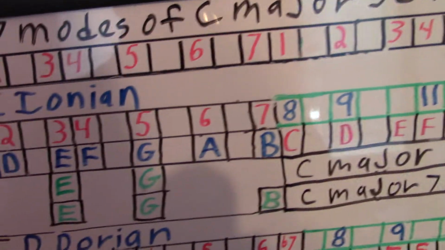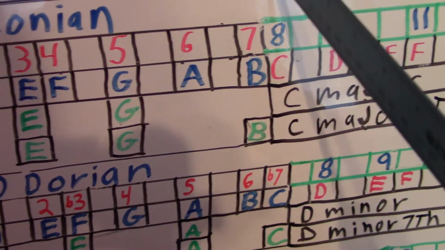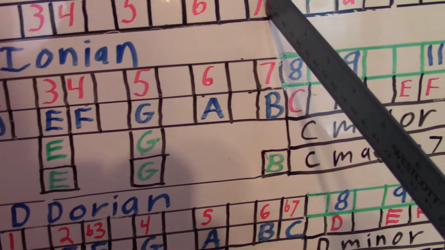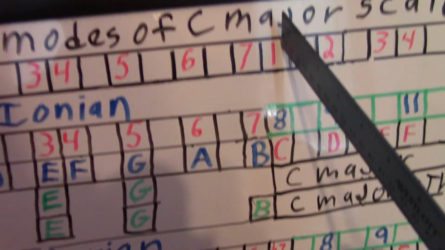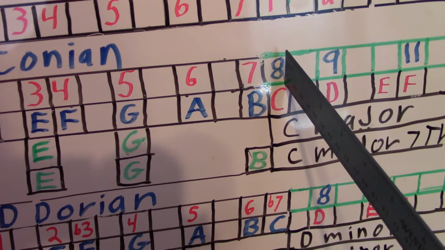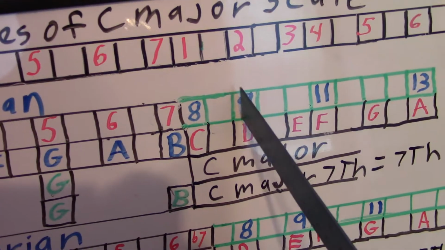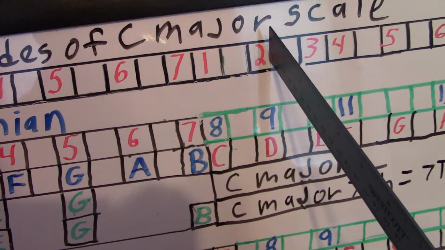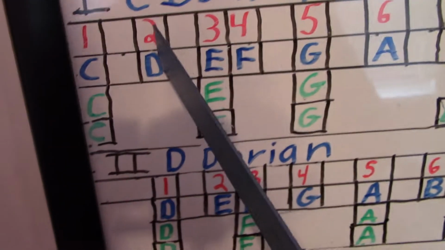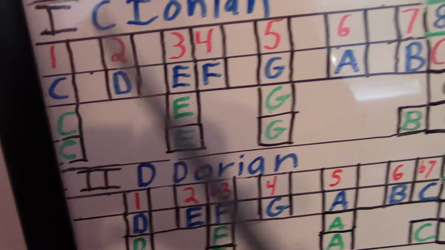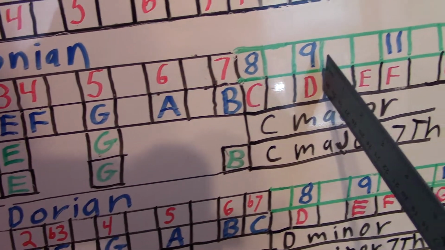Now an eighth is just an octave higher. It goes from B to C. That's 1 octave higher, so it's an 8. See how that works? And what's a ninth? A ninth is really a second, 1 octave higher. See how you have D? It goes from here, D. That's what a ninth is.